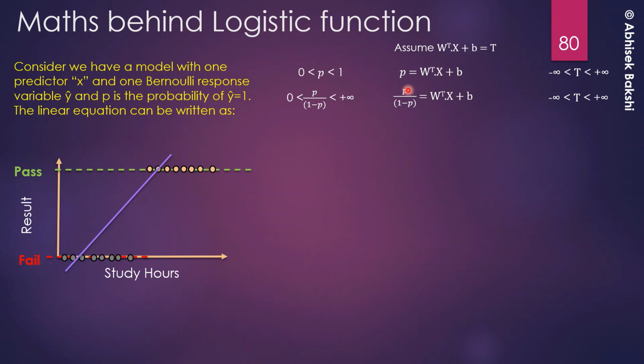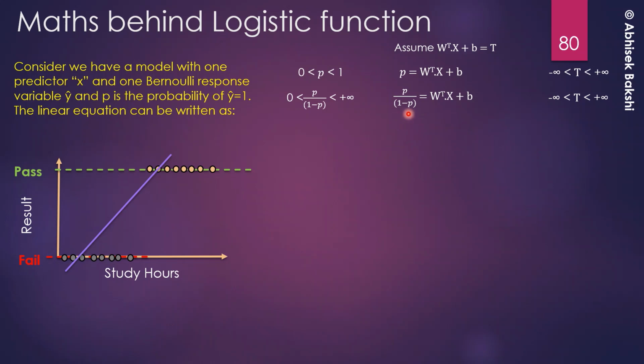So if I try to represent the equation of w transpose x plus b with the odds of p, can I correlate? You will see that obviously the RHS is always in the range minus infinity to plus infinity. So I have to change the range of the LHS part to the same, so that I can equate them, right?